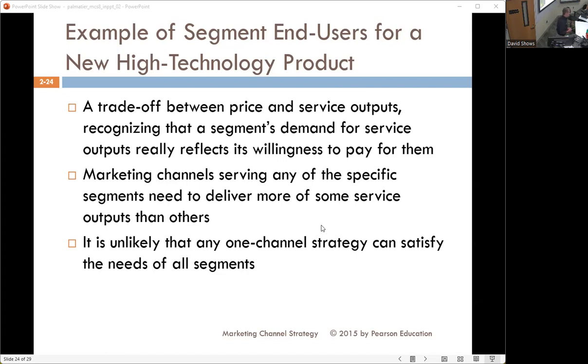Yes? How do you make sure that you're getting a representative sample when you're segmenting end users? Because it's kind of difficult to survey. That's an excellent question. The only way to get a representative sample is to have a large sample size. Power requires that you do enough surveys to make the numbers work, okay?